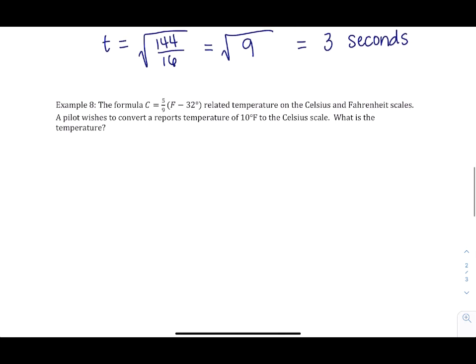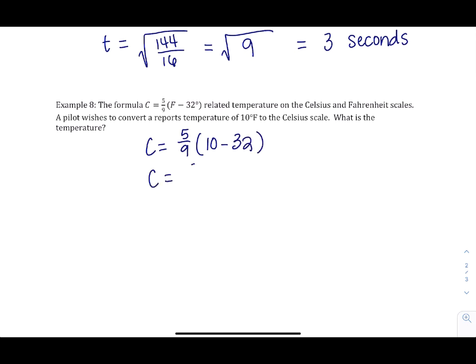And the last example is converting from Fahrenheit to Celsius. This is something that comes up frequently because the United States uses Fahrenheit, but in the metric system, Celsius is the scale for temperature. So if you knew that the temperature was 10 degrees Fahrenheit and you wanted to convert that into Celsius, you would simply plug that into our formula, 5 divided by 9, and then we group the Fahrenheit temperature, which is 10 here, and we subtract 32.